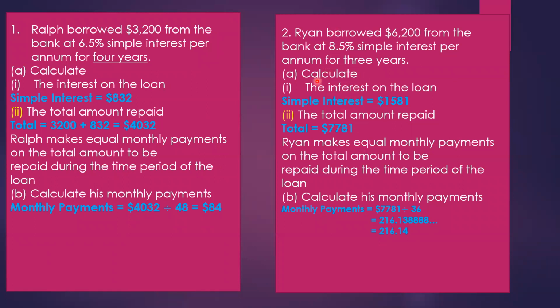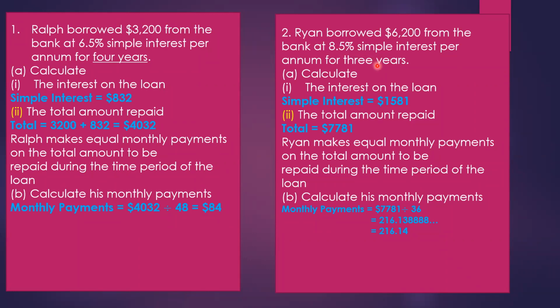I want you to start from A. The first thing you want to do is calculate the interest on the loan. The simple interest is 6,200 times 8.5% times 3 over 100.